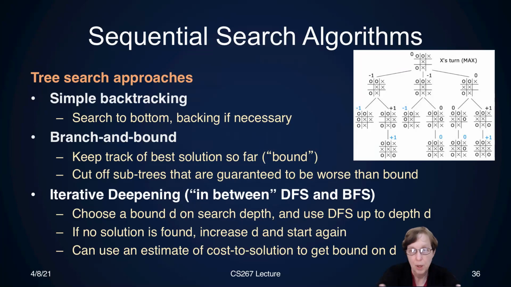Iterative deepening would be somewhere in between depth first and breadth first search, where you go depth first to a certain level and then fill that all in, giving you the breadth at that particular level. So you choose some bound on the search depth in order to execute that. These are all just different strategies for unfolding a game tree, and that looks like this recursive algorithm.